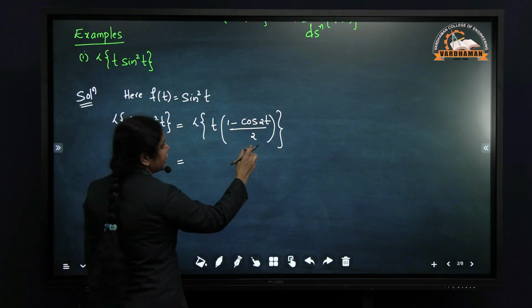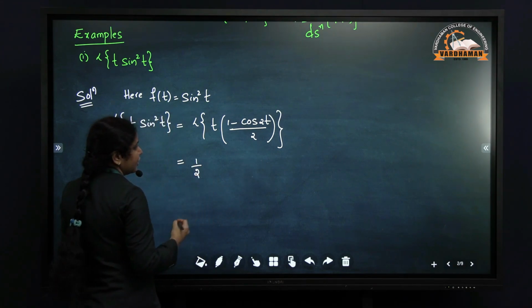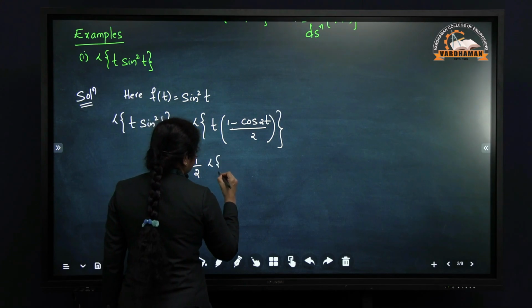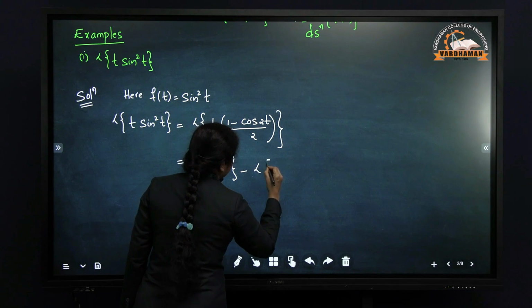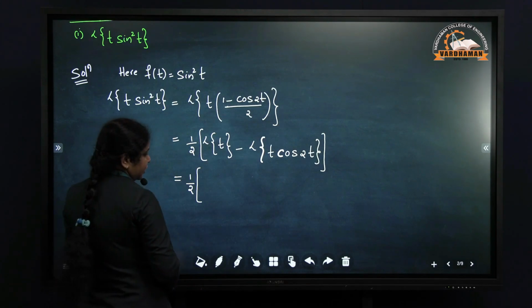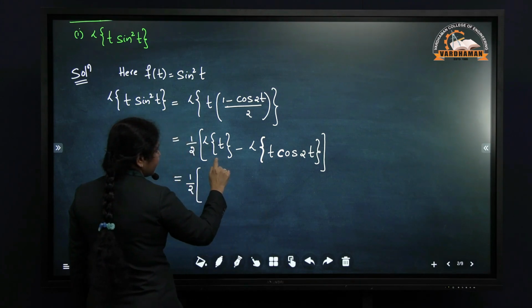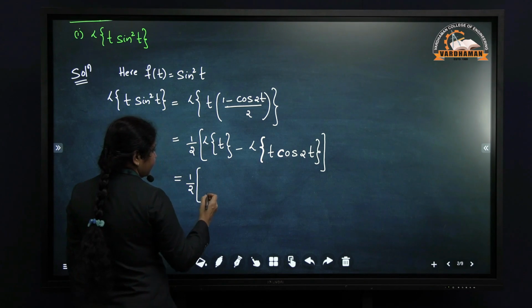Now using the linearity property of the Laplace transform, this expression can be written as 1 by 2 into [Laplace transform of t minus Laplace transform of t cos 2t]. Here, for the first function we can apply the formula of L of t power n. What is L of t?